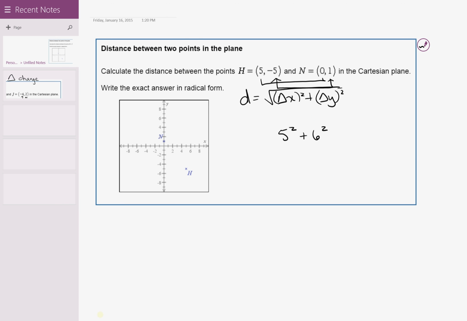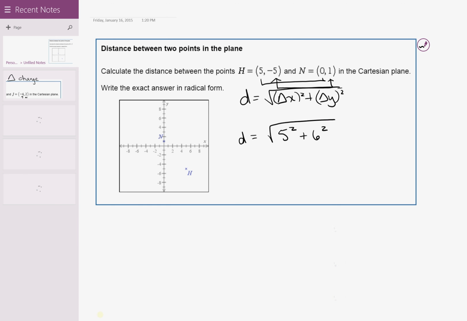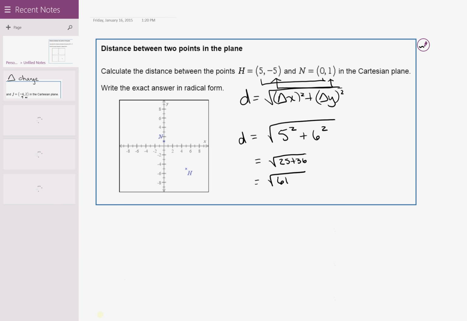So if you'd prefer, you can do it the other way. The most common error I see, though, is when students forget to take the square root after they've found the sum. So this is equal to the square root of 25 plus 36, and that is the square root of 61, and again, that does not simplify any further.